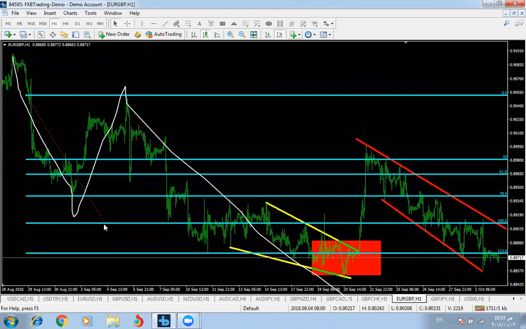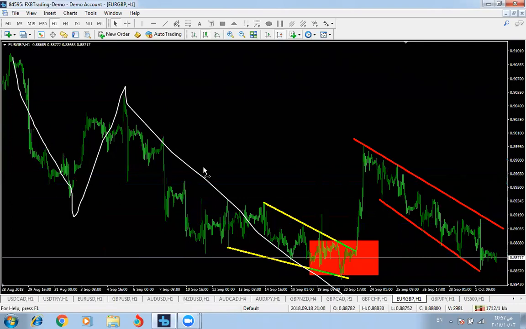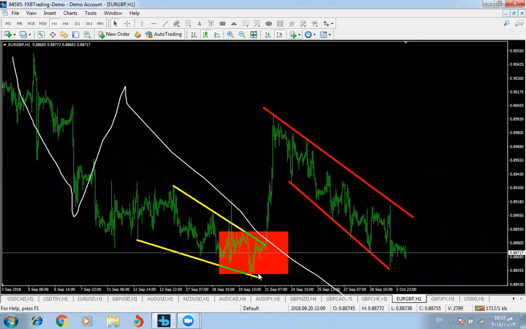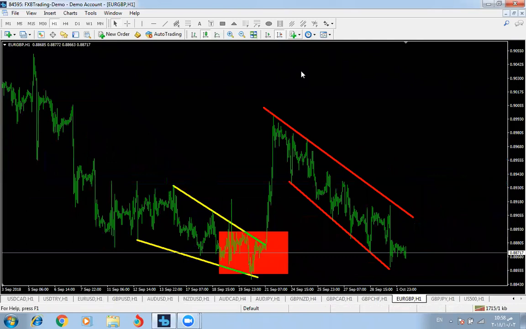And this is exactly what happened. We have a very nice impulse to the upside, followed by a long and large correction.